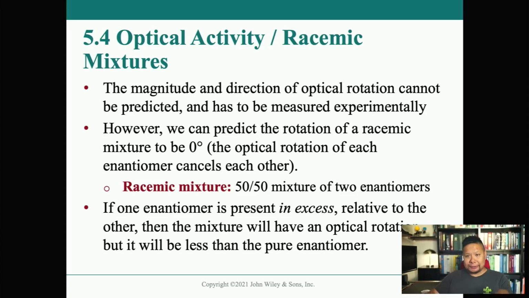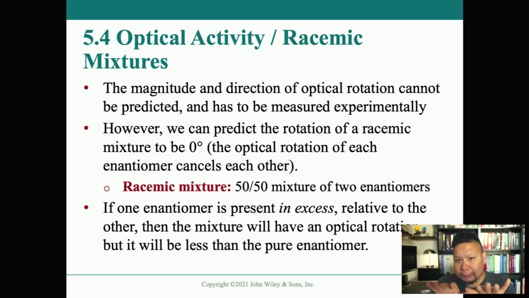So if you have the 2 enantiomers, and say it's the levocetirizine and the cetirizine from Zyrtec and Zyrtec, and you have a mixture of the 2 of them together, and it's a 50/50 mixture of those 2 enantiomers, well, that's a racemic mixture.